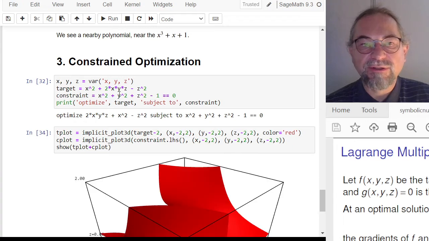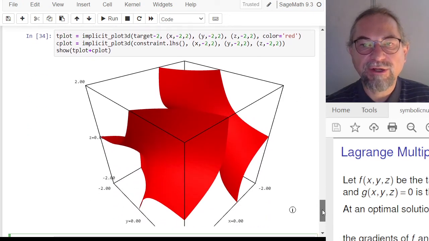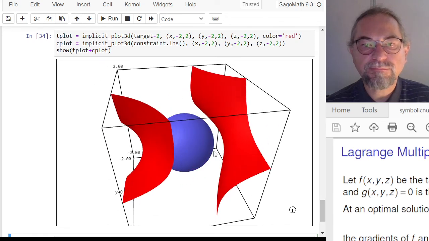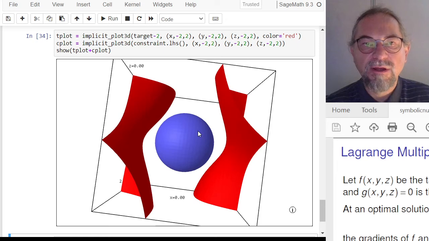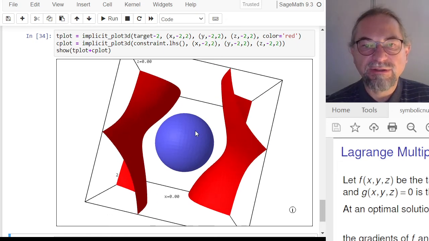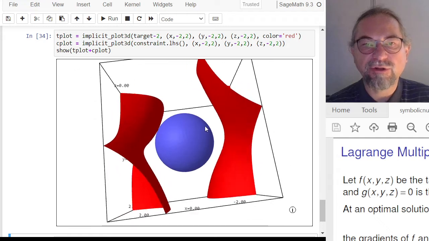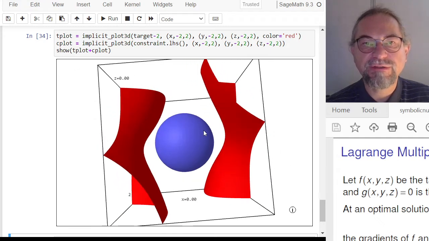So notice that the constraint is given by an equation. So here is a nice viewpoint. What I want to indicate is that the sphere does not touch the sheets.